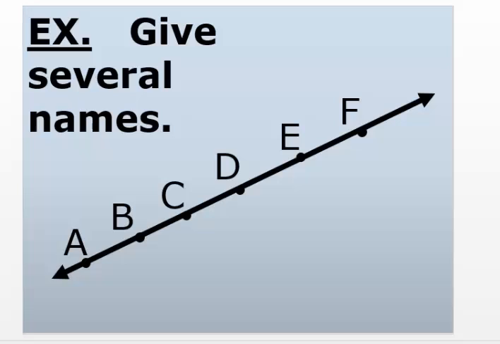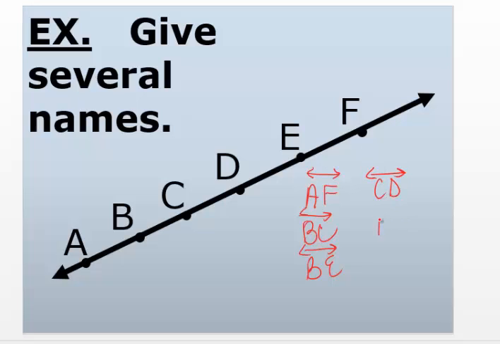So what we're going to do is give several names for this particular line. There's really so many that I'm not going to list them all. But one of the names would be AF. Notice how I'm putting the line symbol over top denoting a line. We could say BC. We could say BE. We could say CE.